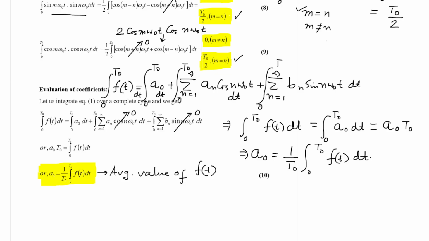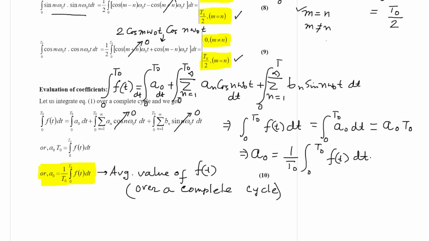That means we are integrating over a complete cycle 0 to T0, then dividing by the entire time period, which indeed calculates the average value of the function over a complete cycle. That is very important: over a complete cycle.